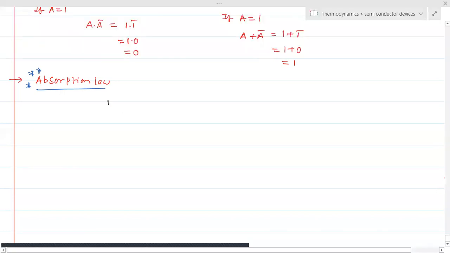So the first one I'm taking is A into A plus B equal to A. Let us see how it is possible.